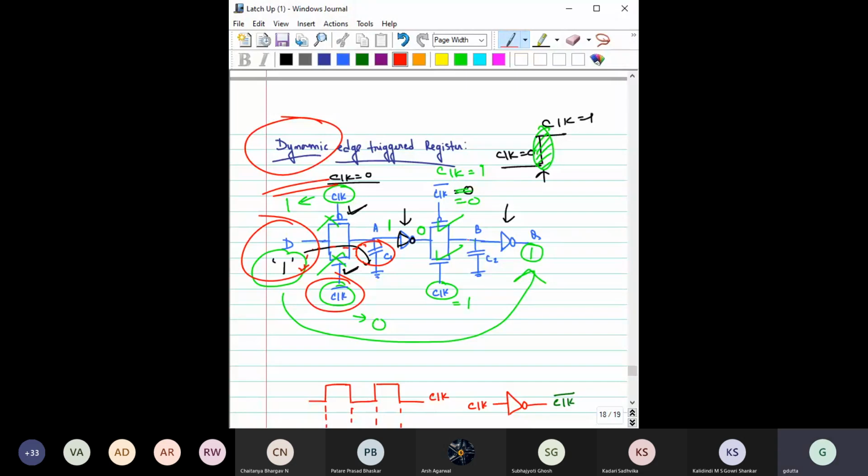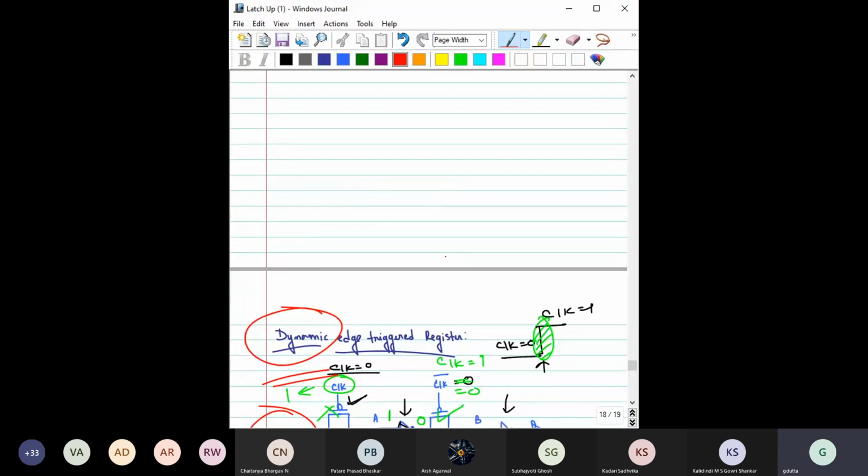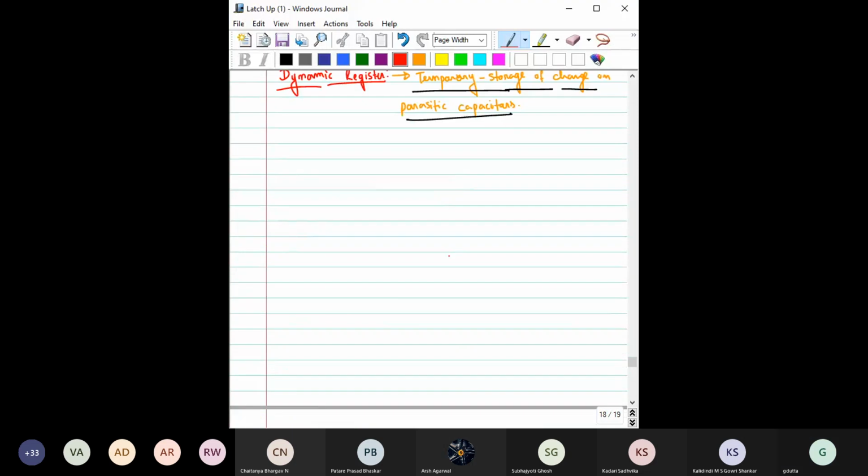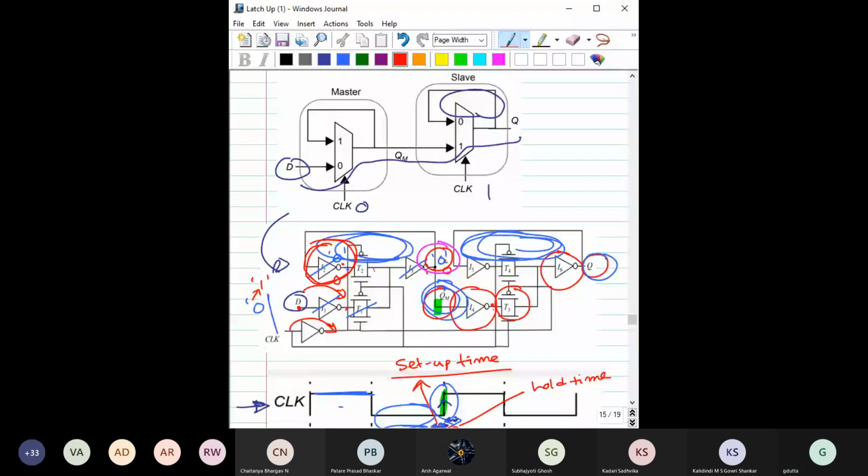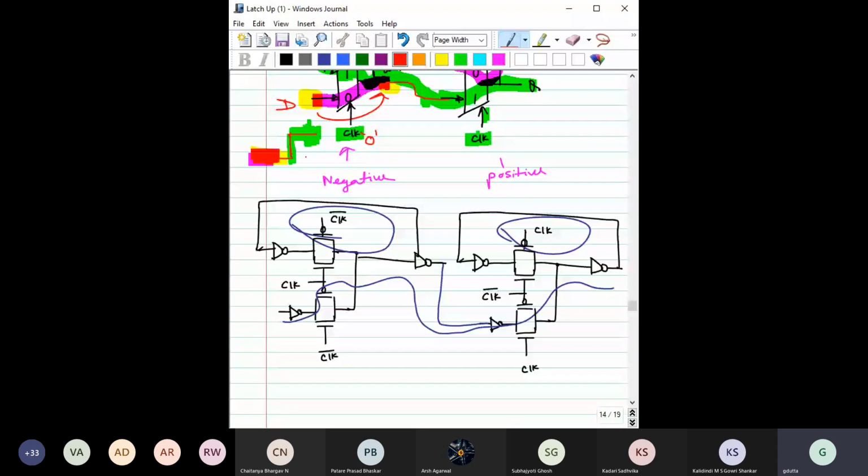But then what is the advantage? Okay, so you see previously this is one positive edge trigger circuit. How many transistors? Oh, this is too congested. How many transistors here? You have 1, 2, 3, 4, 5, 6, 7, 8.